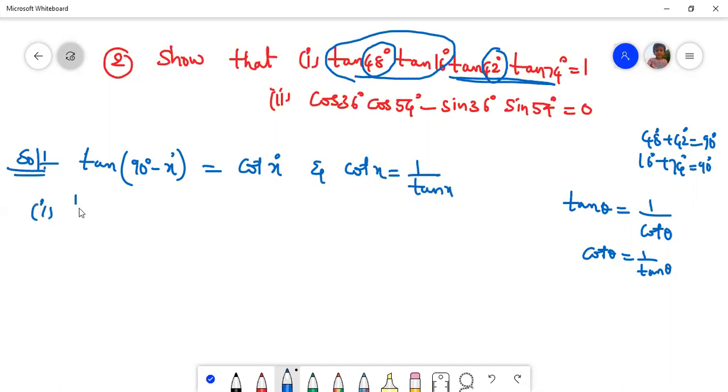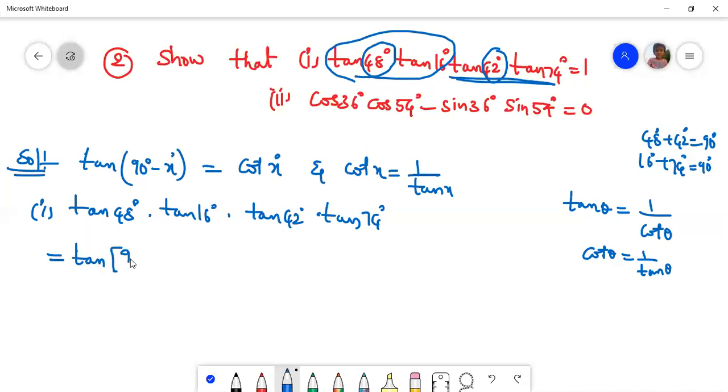The first one is tan 48 degrees, tan 16 degrees, tan 42 degrees, tan 74 degrees. This is the LHS. It is equal to, in the place of 48 degrees, we write tan of 90 degrees minus 42 degrees, which becomes 48. Tan of 90 degrees minus 74 degrees becomes 16 degrees.